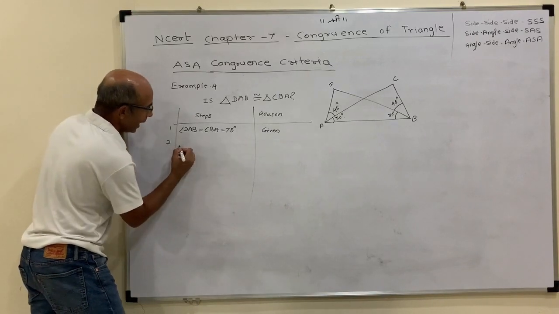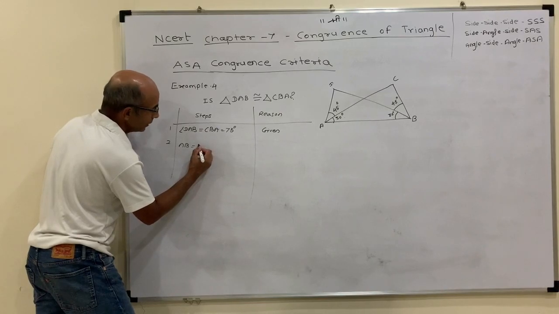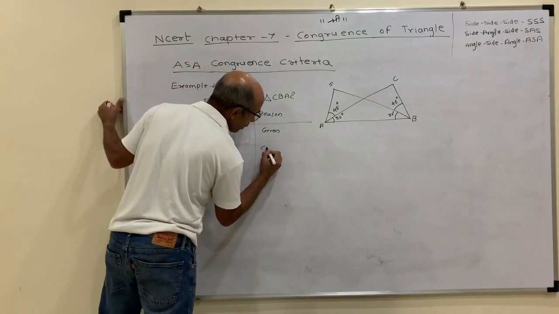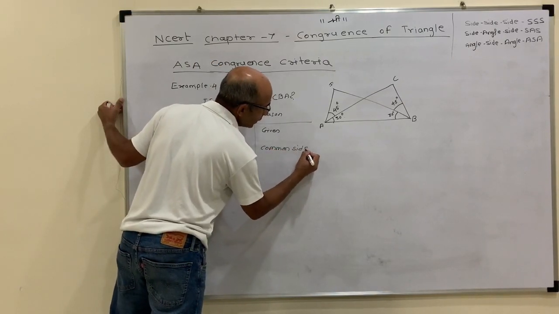Second, side AB is equal to side BA as common side between these two triangles.